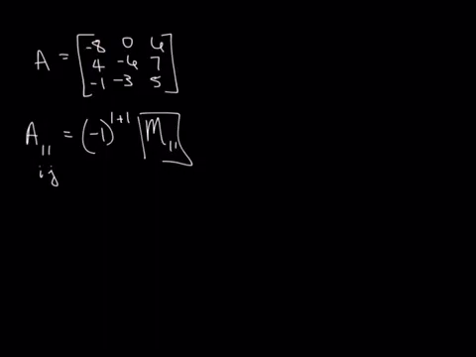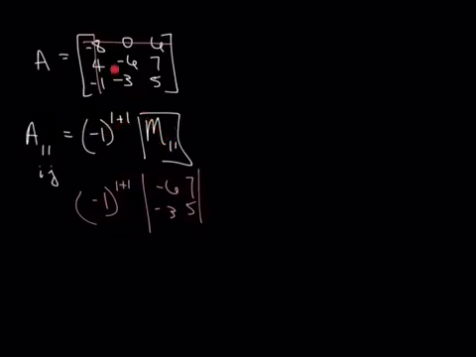Well, we found that earlier. Remember, we did this, so it's actually negative 1 to the 1 plus 1, and that minor is the matrix negative 6, 7, negative 3, 5. Okay, so to find the cofactor, we do this to the minor.